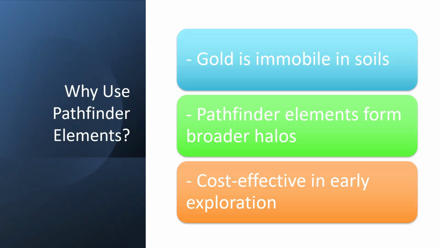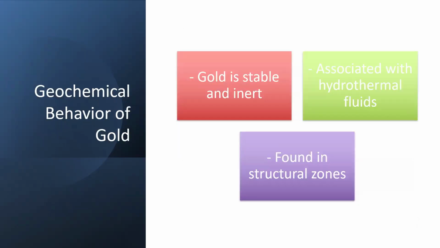concentration of gold. And this gold most of the time is immobile in soil. Because of that, we need to use some other elements that are mobile, and it's cost effective to do this in the first place. Like I've said before, in terms of the behavior of gold, why we use this is because it's stable and inert, and it's associated with the hydrothermal fluid.